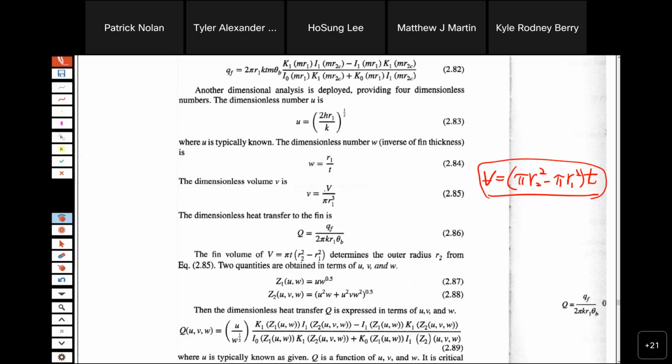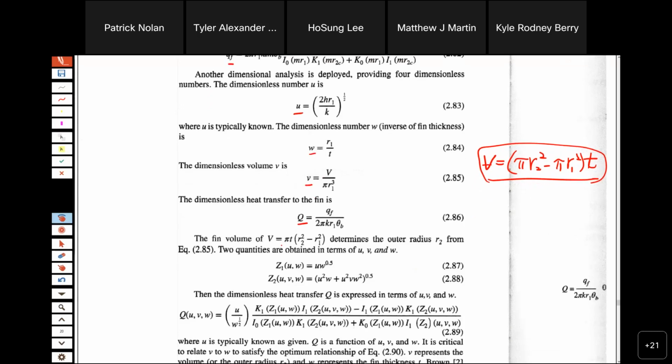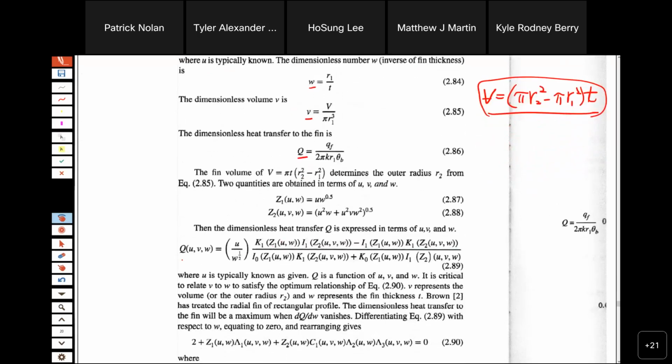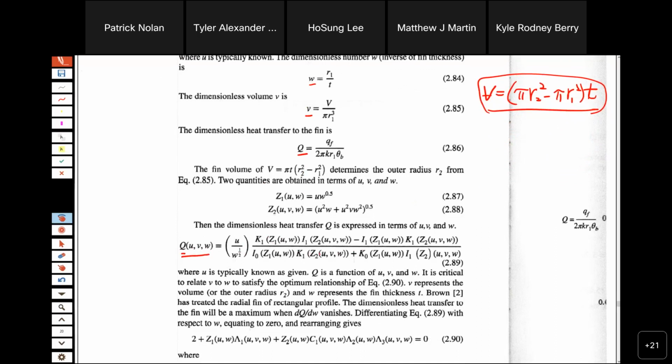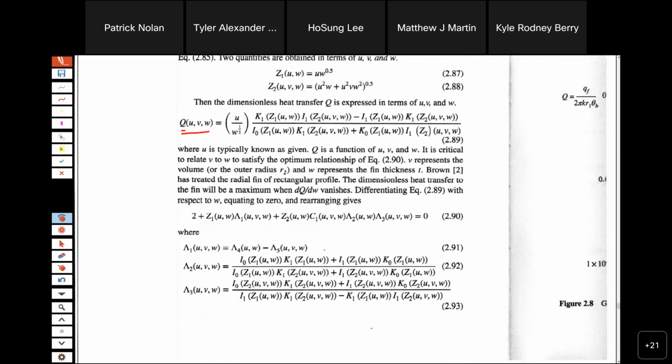Okay, now, using U, W, V, Q, this QF, I try to express in terms of U, V, W, Q. Actually, I did it, everything, and then optimized.